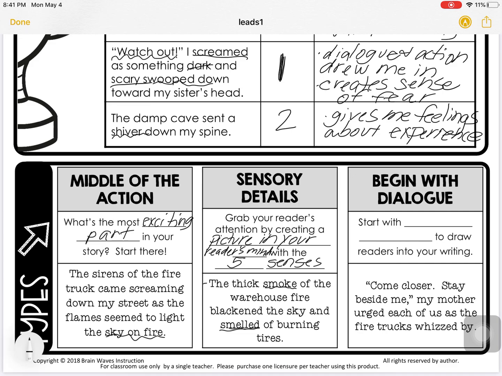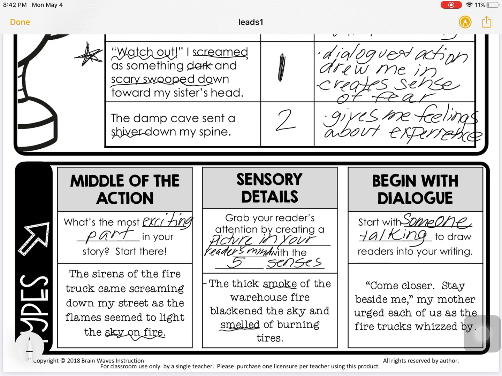The other type of lead is beginning with dialogue, with someone talking. You start with someone talking to draw the readers into your writing. So this one up here, the "Watch out," I screamed, would be dialogue. And let's look at another example here. "Come closer.